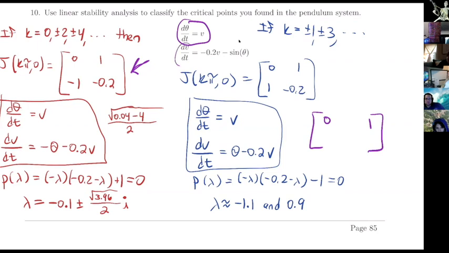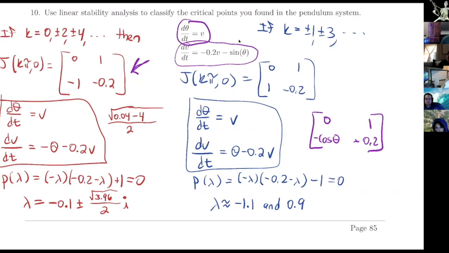And then we take partial derivatives of this. The partial with respect to theta first gives me minus the cosine of theta, and then this gives me minus 0.2.